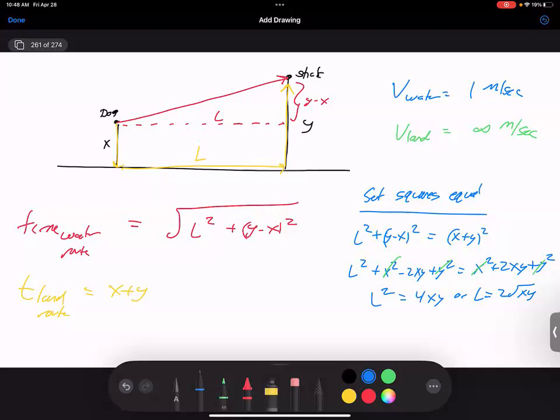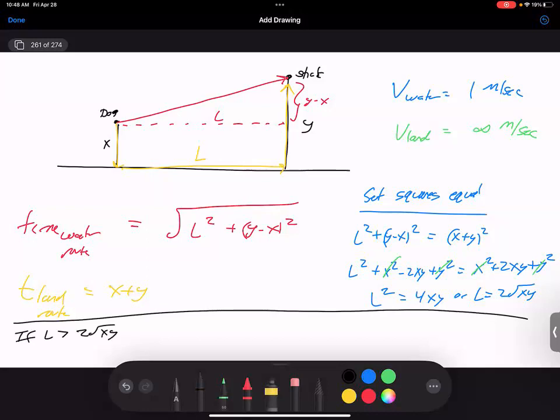So what's going to happen if L is greater than 2 square root of xy?